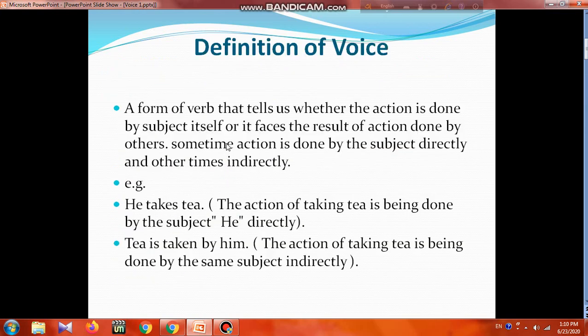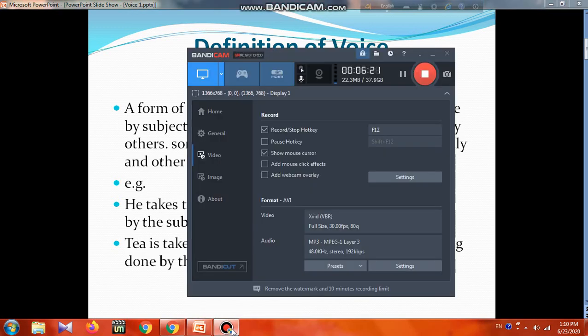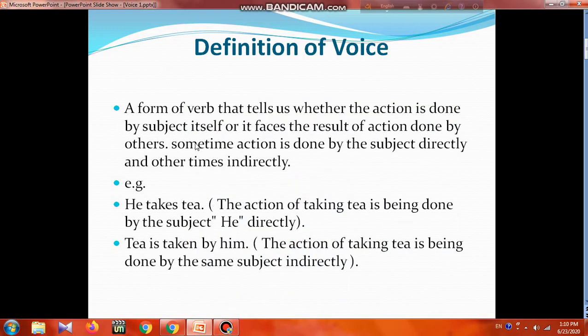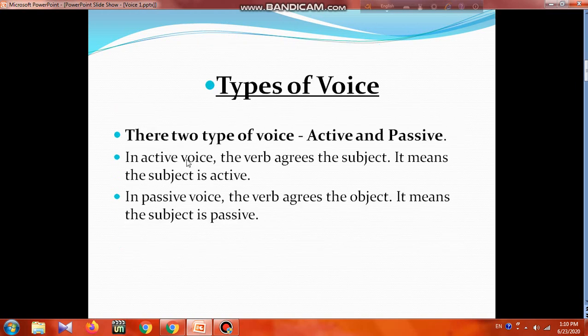First comes the definition of voice. Voice tells us whether the action is done by the subject itself or it faces the result of action done by others, meaning it tells how the action is done, whether it happens directly or indirectly. If it happens directly, we call it active voice, and if it happens indirectly, we call it passive voice.